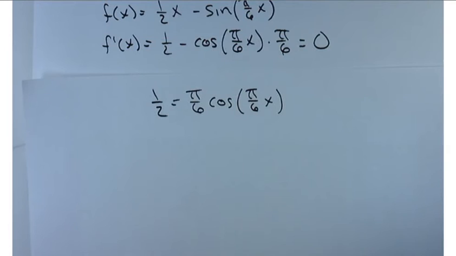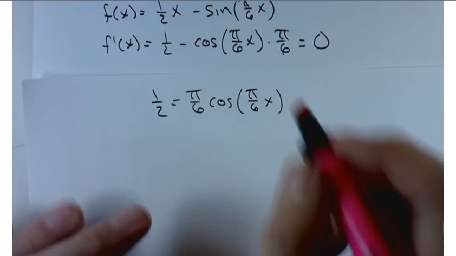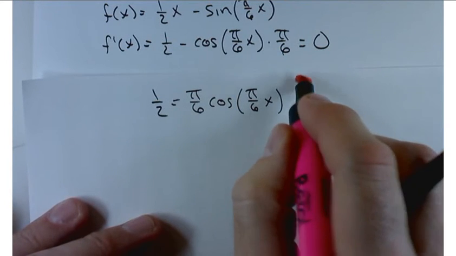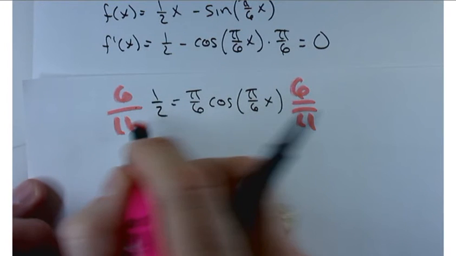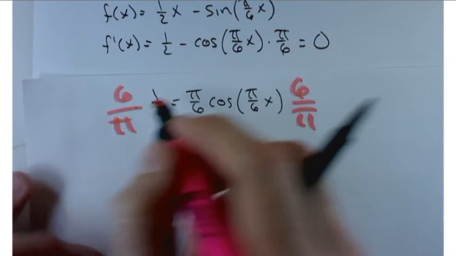I guess what I would do first is multiply both sides by, not by 2. Yeah, let's go 6 over pi on both sides, right? 6 over pi, 6 over pi. That way I get rid of this term over here, which is nice.